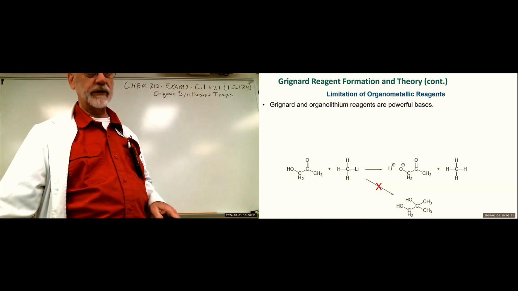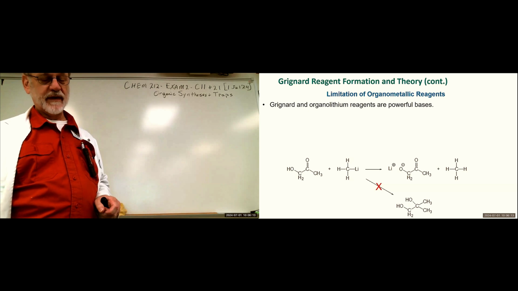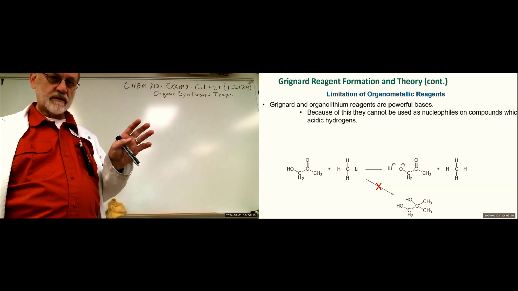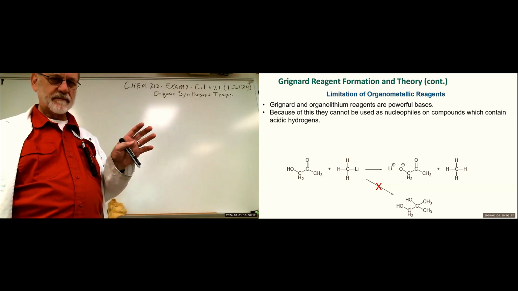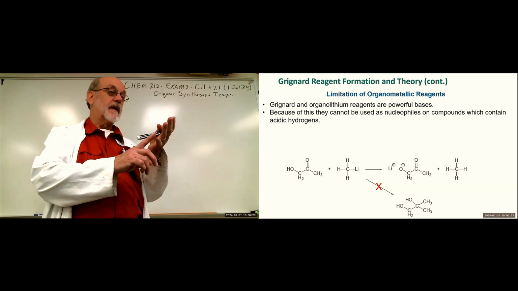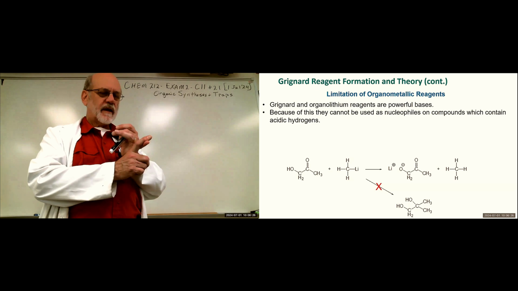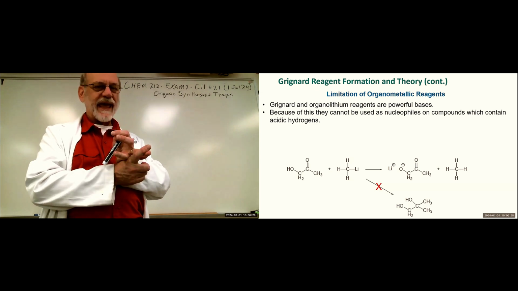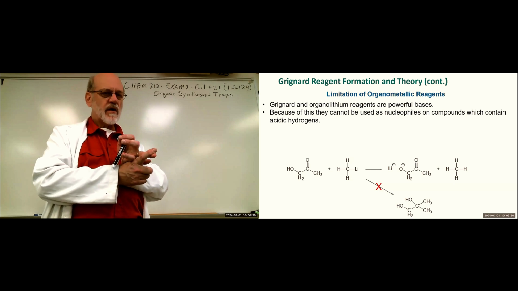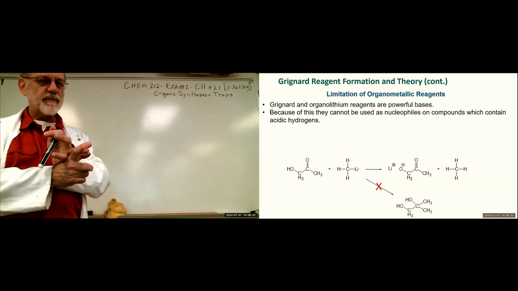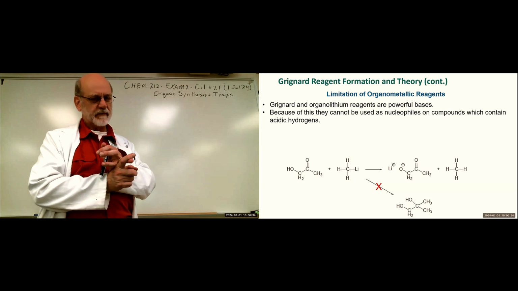That's all it'll do. It won't give you what you want. Right? So there are two things going on here. We use aprotic solvents, plus we can't use the Grignard reagent on compounds with acidic hydrogens.